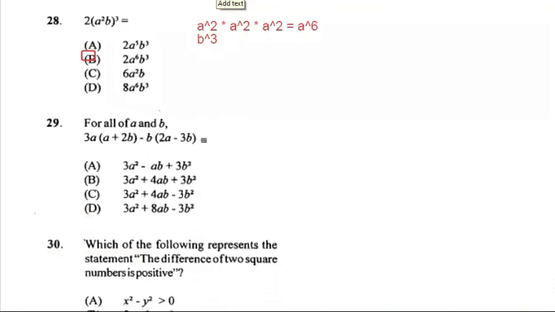So 29 for all of A and B. So we're going to work this fraction, expand a bit, then simplify. So it is 3a squared.